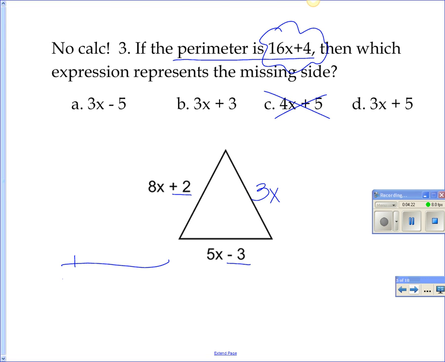How do you go from negative 1 all the way to positive 4? You have to add 5. So that one's D. Okay. Any questions on that one?